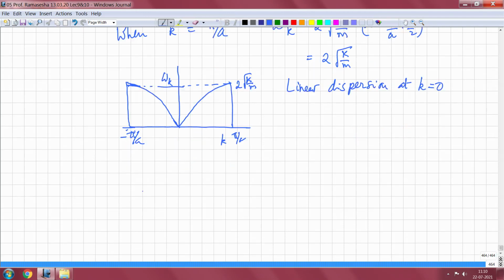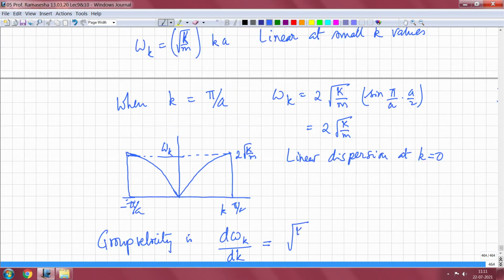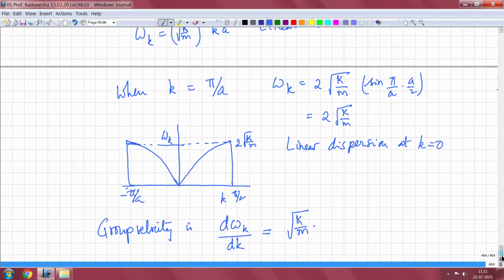If I want to look at the velocity, the group velocity is d omega k by dk, which is equal to root k by m times a.